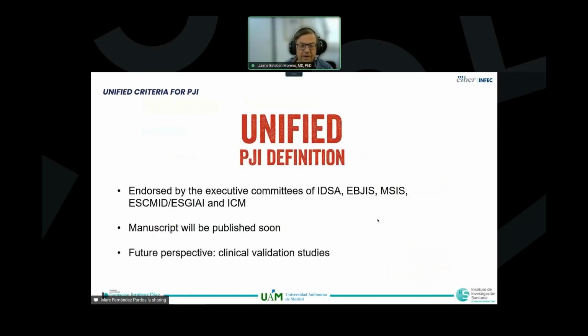All this unified definition has been endorsed by the executive committees of the societies, the ITSA, the EPGs, the MCs, the ESCMID, and the ICM. And a manuscript was written, and we hope that this manuscript will be published soon. And then, after publication of this unified prosthetic joint infection definition, we will have the intention to perform clinical validation studies.